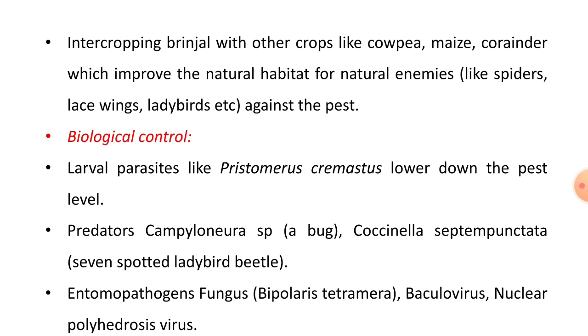Next one, entomopathogens. Entomopathogens means what? The pathogens which basically infest or infect the insects. These are known as entomopathogens. Entomopathogenic fungus Beauveria bassiana, baculovirus, nuclear polyhedrosis virus are basically used to control the pest population.